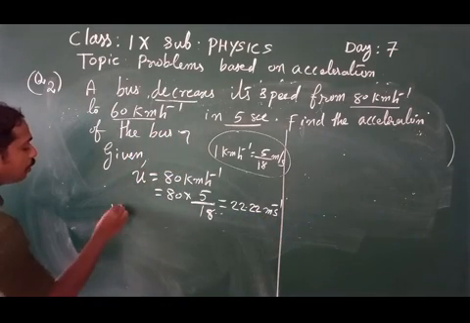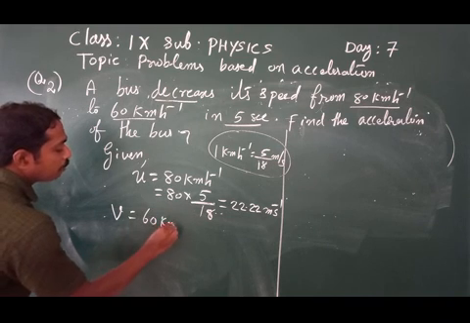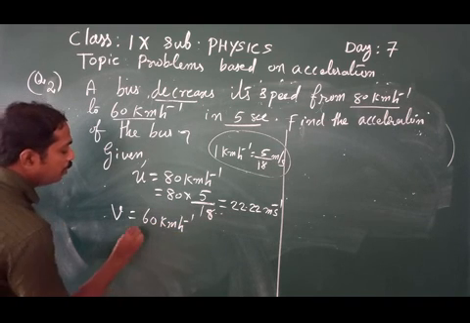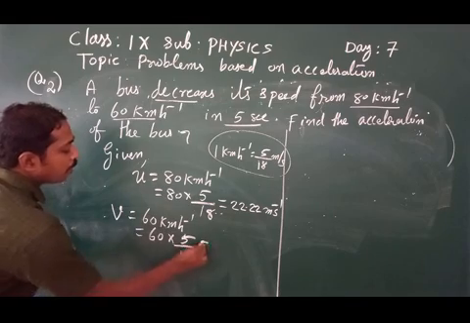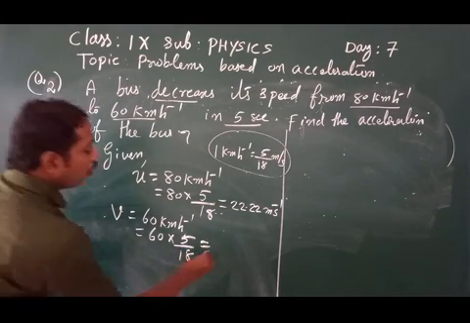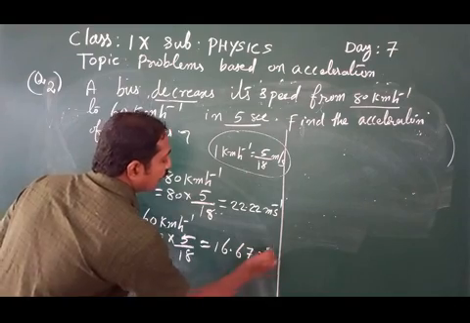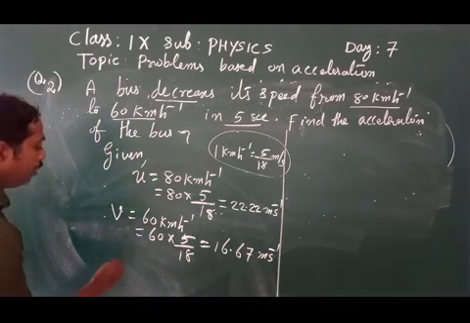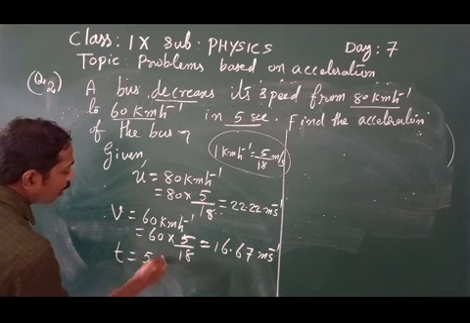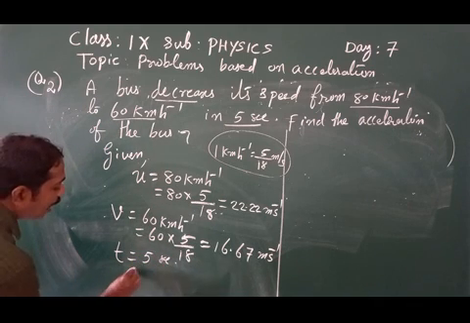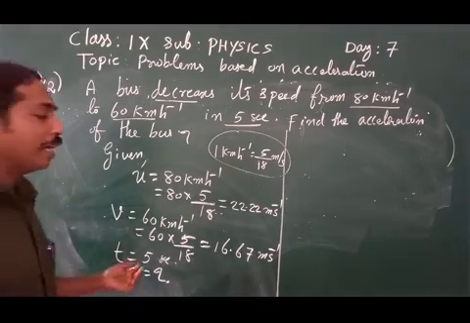Similarly, final velocity V equal to 60 kilometer per hour, equal to 60 into 5 by 18. Then we will get 16.67 meter per second. Time is 5 seconds, no conversion, it is in seconds only. Acceleration, question mark. Acceleration is the required answer.